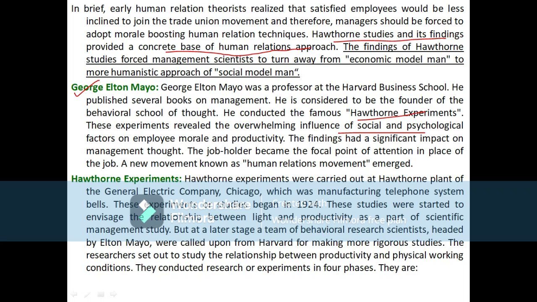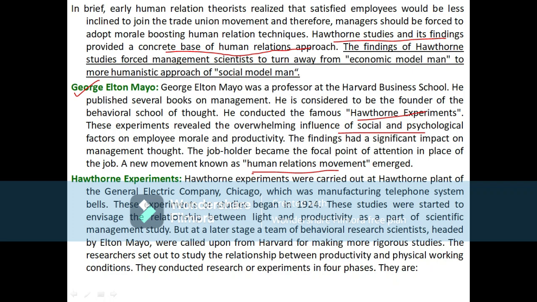The findings had a significant impact on management thought. The job holder became the focal point of attention in place of the job. So a new movement known as the human relations movement emerged, which gives importance to social and psychological factors.